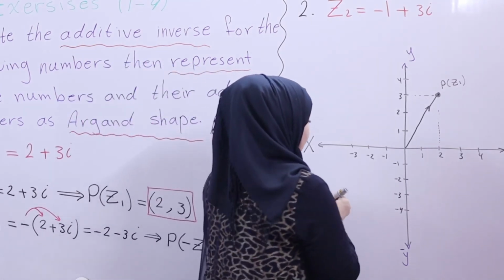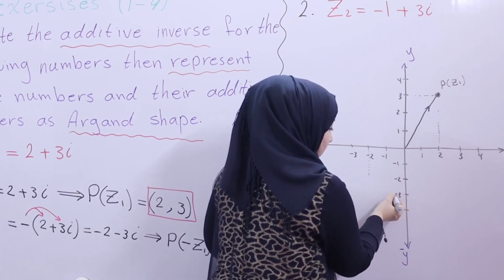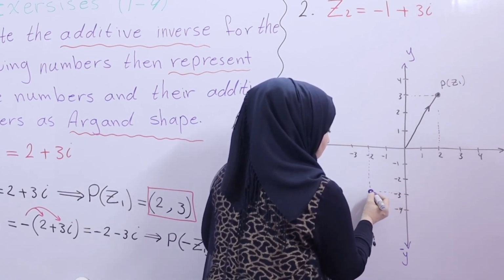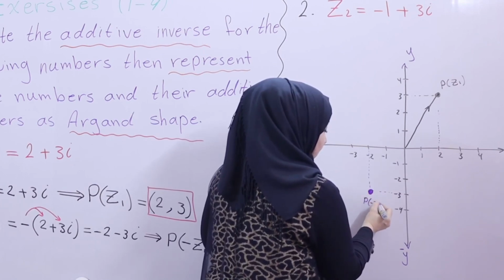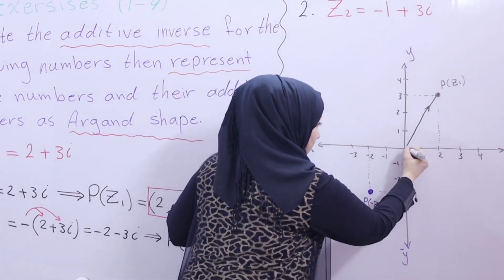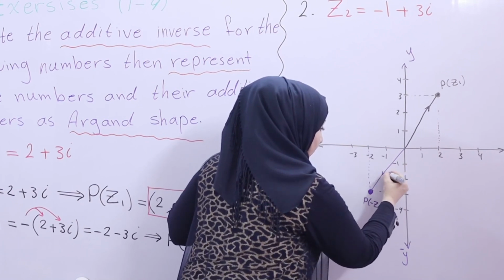So the x coordinate is -2 and the y coordinate is -3. So the point will be here. This is the point which represents negative Z1. So now we can draw the Argand shape which represents a vector.